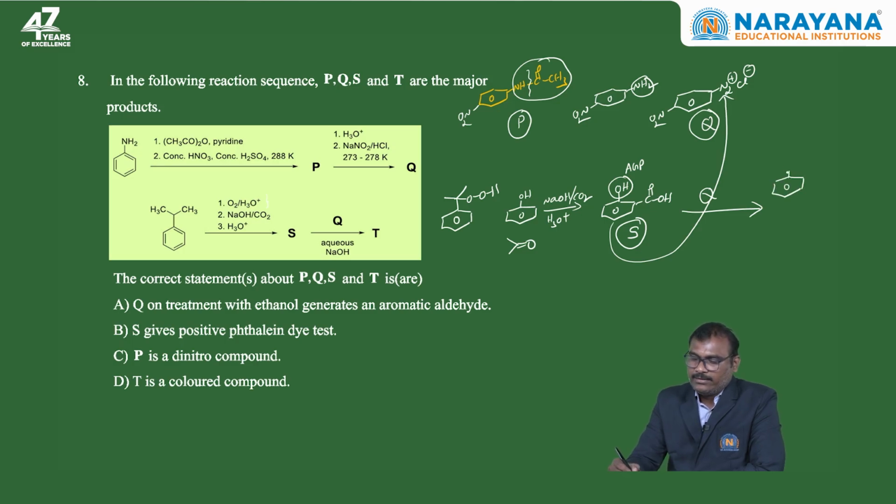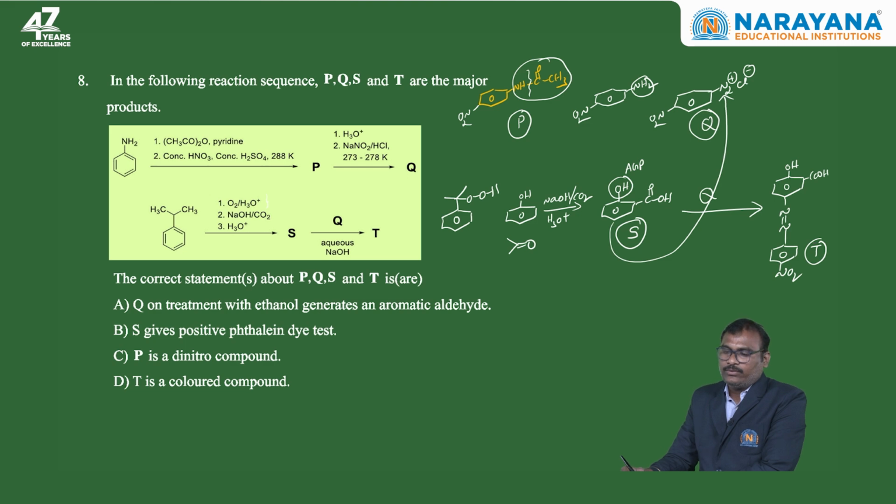That is why OH, COOH, N=N, this is the compound you are getting as T. That means Q is doing electrophilic substitution on salicylic acid. OH is the strongly activating group, and with respect to that the reaction occurs.